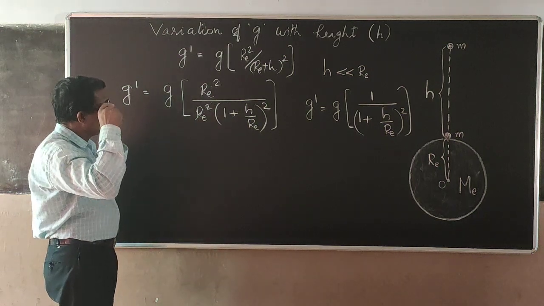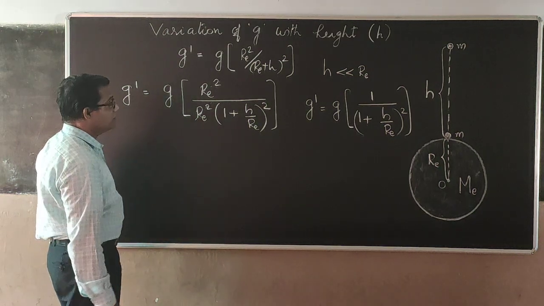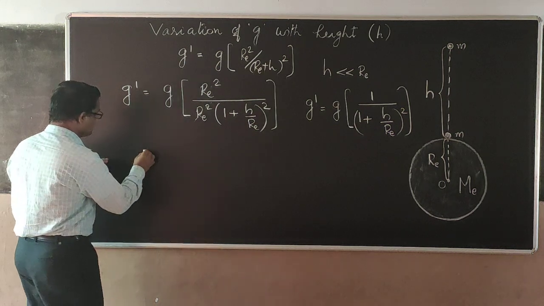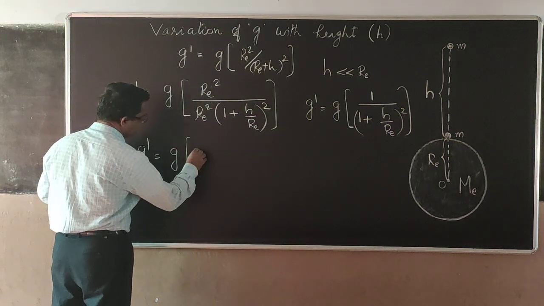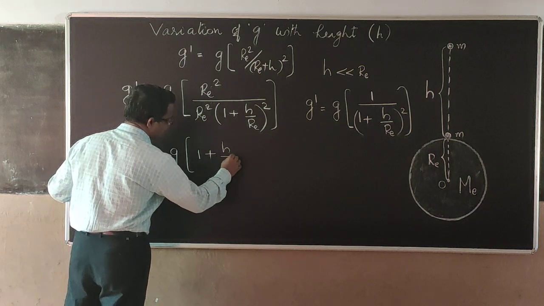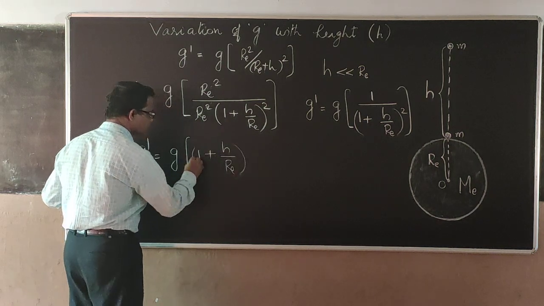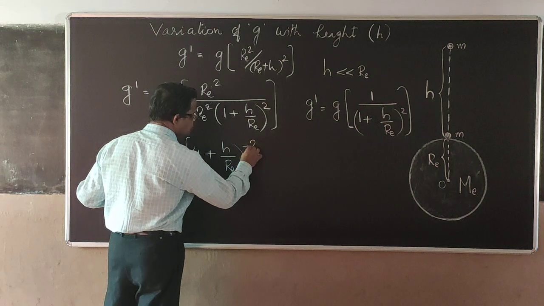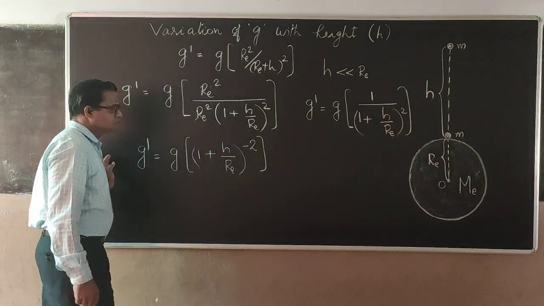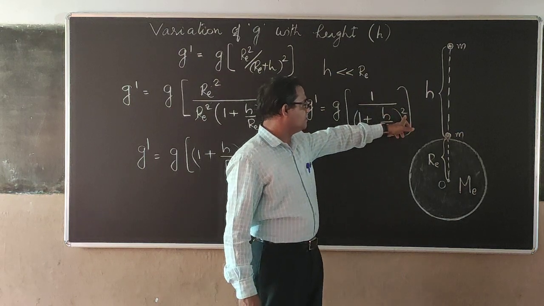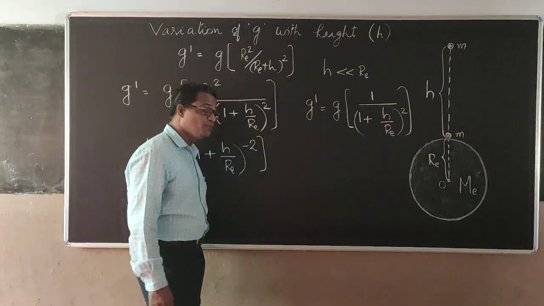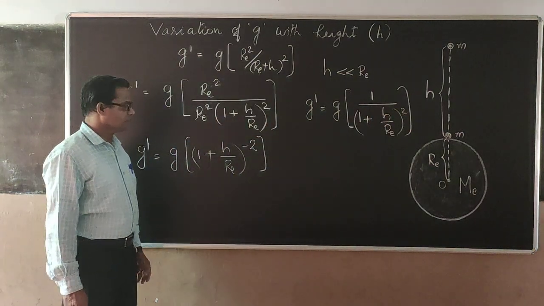Now, I can take the formula in this form: G prime equal to G into (1 plus H by RE) whole raised to minus 2. Because I can take this to the numerator, and then the power becomes minus 2. Okay?